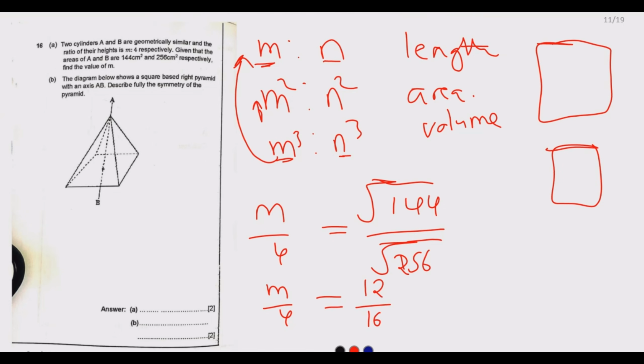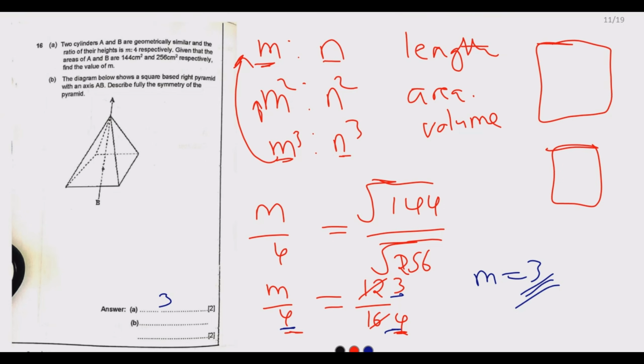Then if you simplify, we divide by 4, we get 3, and we divide by 4, we get 4. So what you notice is the 4 and the 4 are the same. Hence m should be equal to 3. So this is what you apply. Okay, that's question 16A.